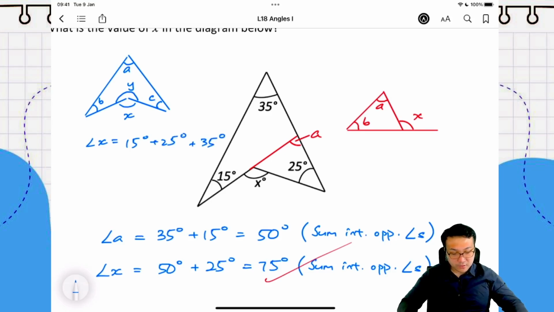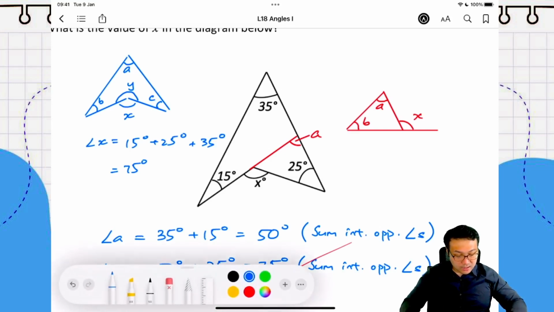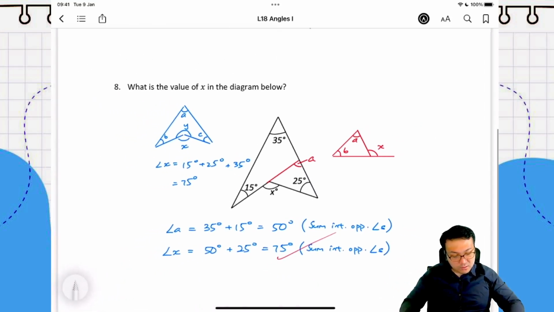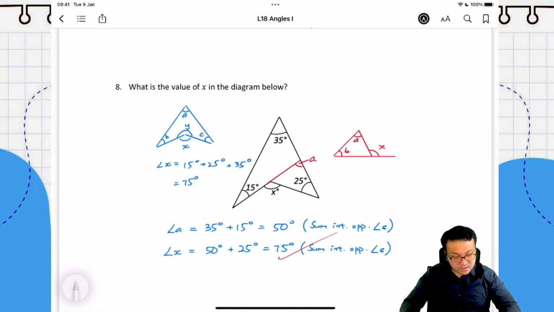That's correct. Great. Well done. Okay, there's no point finding angle y because eventually x equals 360 minus y. So you might as well just take a plus b plus c, and straight away get angle x. Very fast method. Well done, Gwen. Even faster than me. Good job.